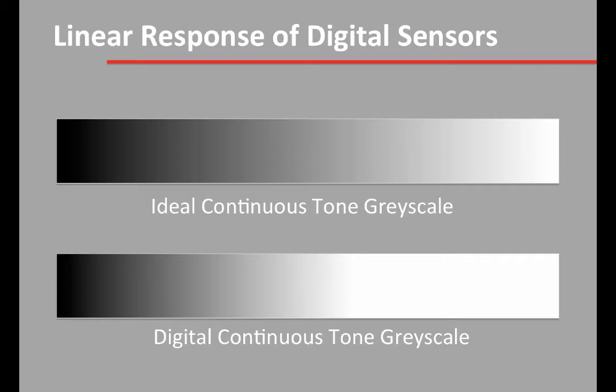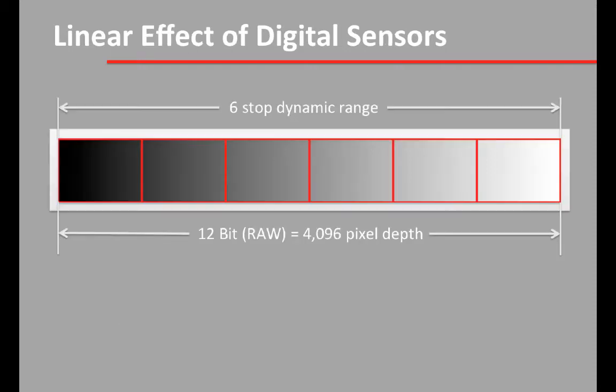But then we have a long tail of highlight. So this is the difference between film grade tonal range and digital tonal range. It's because digital capture responds in a linear way to exposure. The bottom tonal range is the result we get.